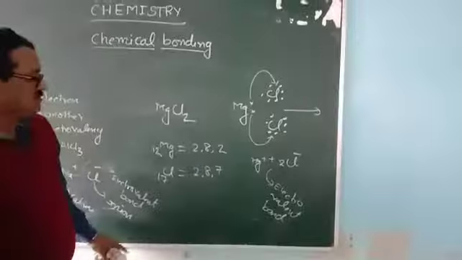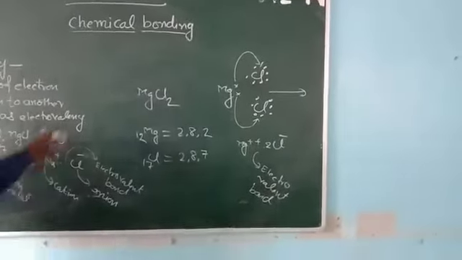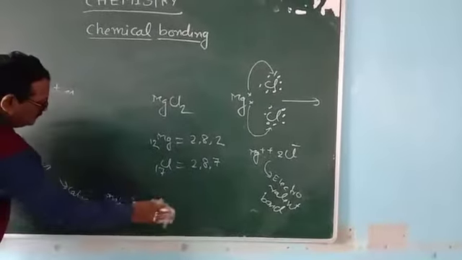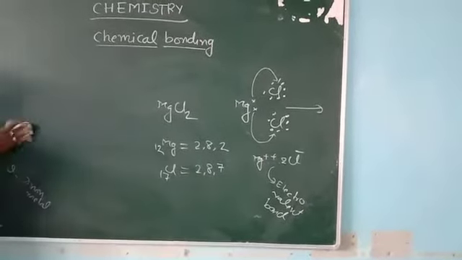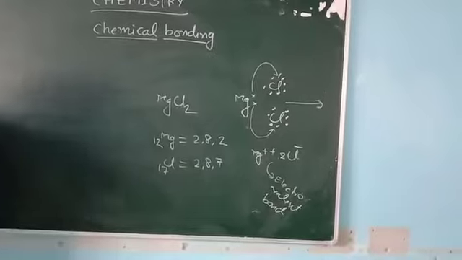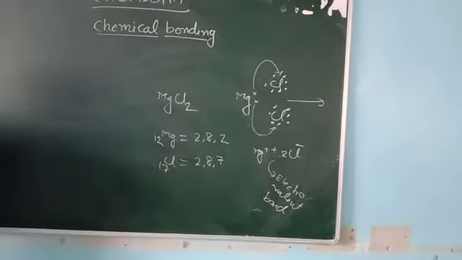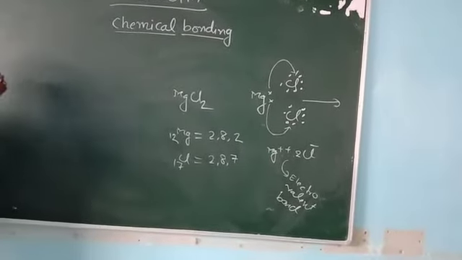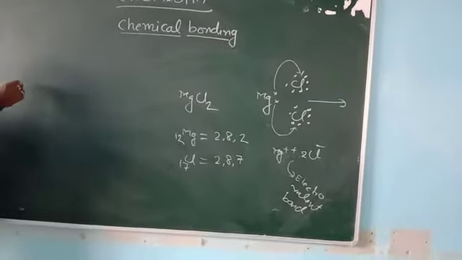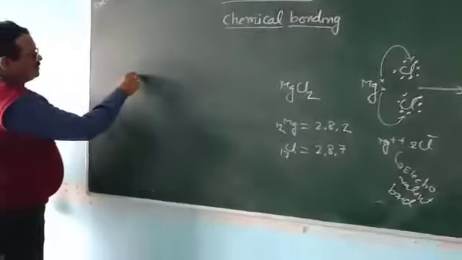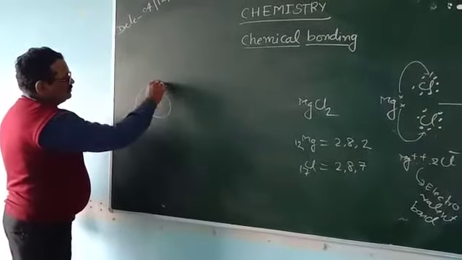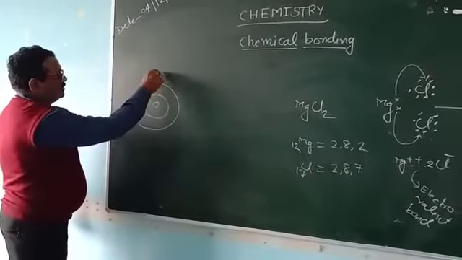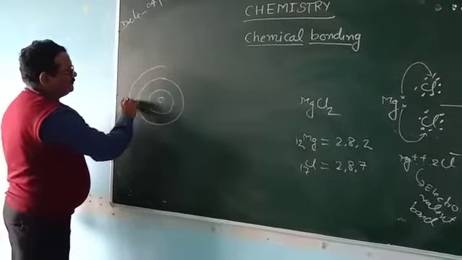This standard is also maintained in the high school standard, but you are senior class students, and you have to explain other lattice structures. Suppose this is your nucleus, and suppose the NaCl structure here is of this type. This is the shell structure of sodium here.